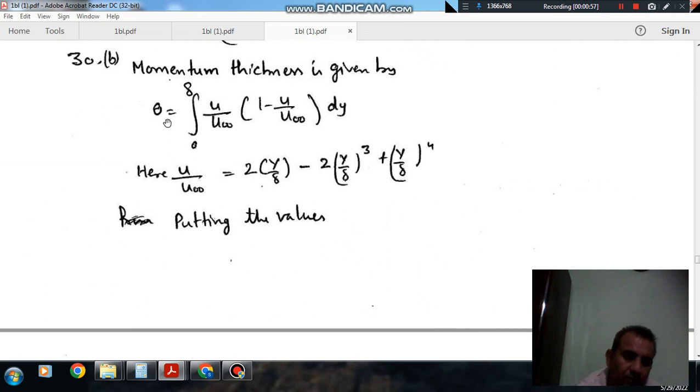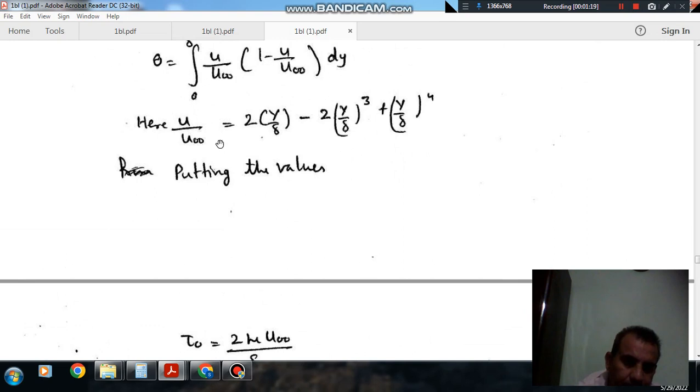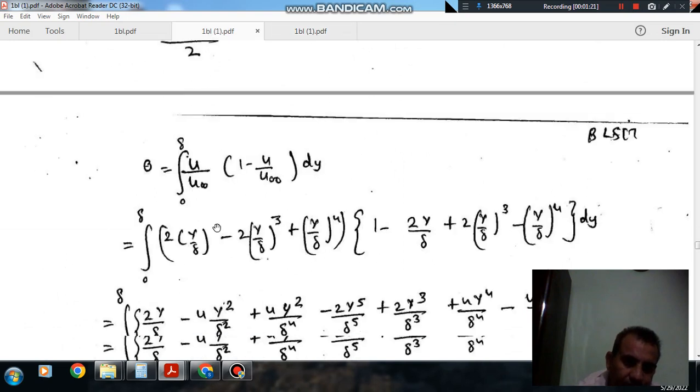So momentum thickness, we know that theta is equal to the integral of u by u infinity times (1 minus u by u infinity) dy, and limits are 0 to delta. So u by u infinity is just 2y by delta minus 2y by delta cube plus y by delta 4. So putting these values of u by u infinity, we get this equation.